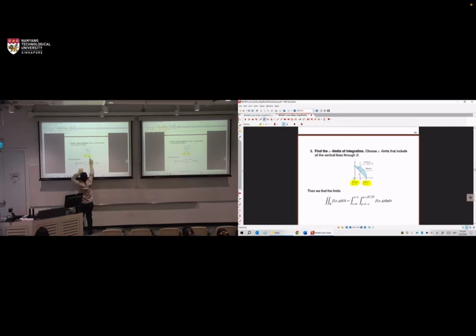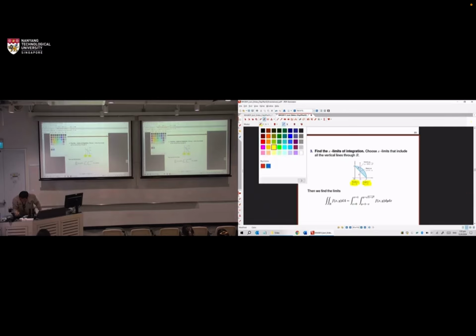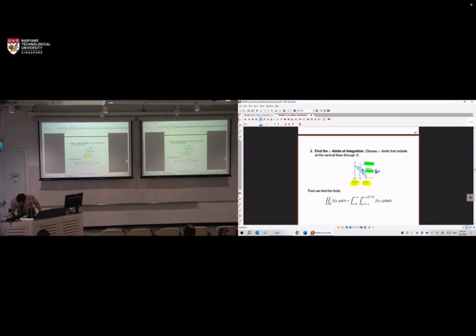Similarly, the most bottom is at y equal to 1 minus x, and the top is y equal to square root of 1 minus x squared.